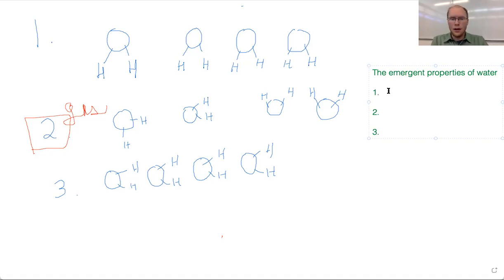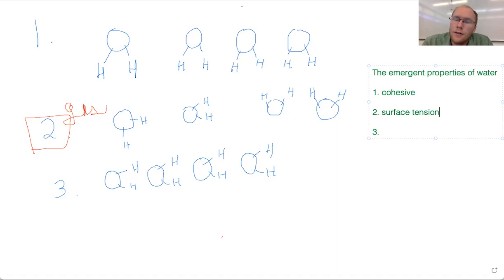First is that water is cohesive. And this is the least surprising. Of course, if we have lots of attraction between all the little molecules, of course, we would expect water to be cohesive. But actually, it's surprisingly cohesive in that we have surface tension, which is rather unique.